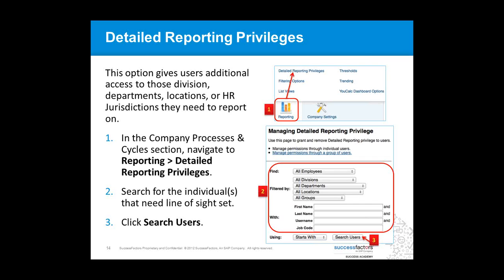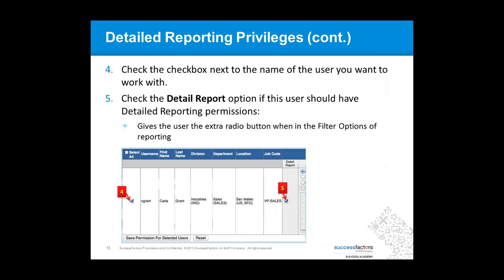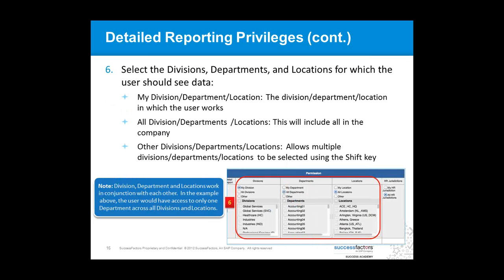We can do that through admin tools, reporting, detailed reporting privileges, click on search for users, and then just enable the detailed report checkbox. That gives them the privileges to generate the report based on division, department, or location, and you can give it for any specific module or all modules required.